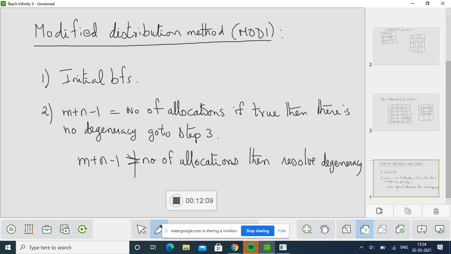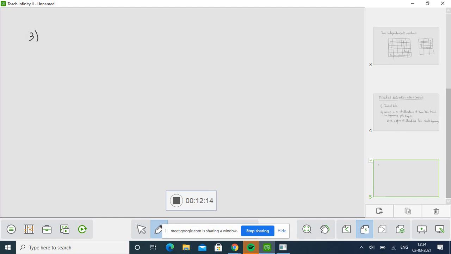How to resolve the degeneracy? That is the next thing. What I will do is, I will introduce some epsilon, that is some artificial number, epsilon in one of the cells. In one of the unoccupied cells. Where should I put this epsilon?